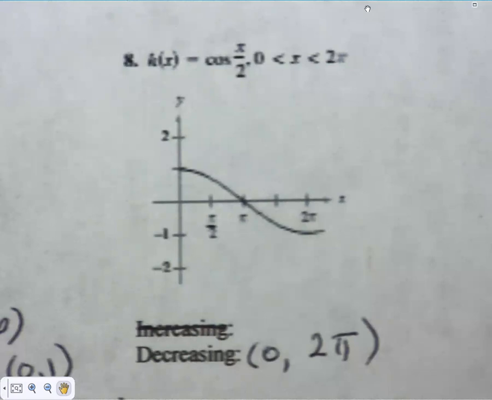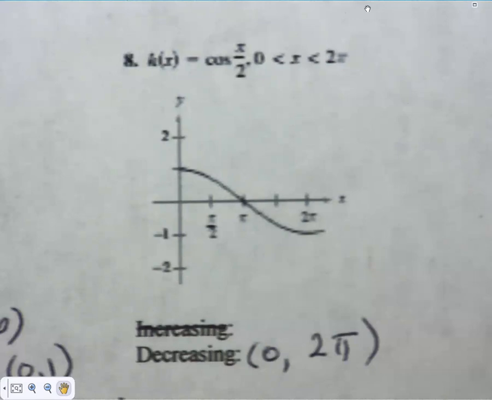Because the derivative is giving us the slope of the tangent line. Where the slope of the tangent line is positive, the graph's going uphill. Where the slope of the tangent line is negative, the graph is going downhill. Where the slope of the tangent line is 0, the graph is what? Constant, or a high point or a low point.